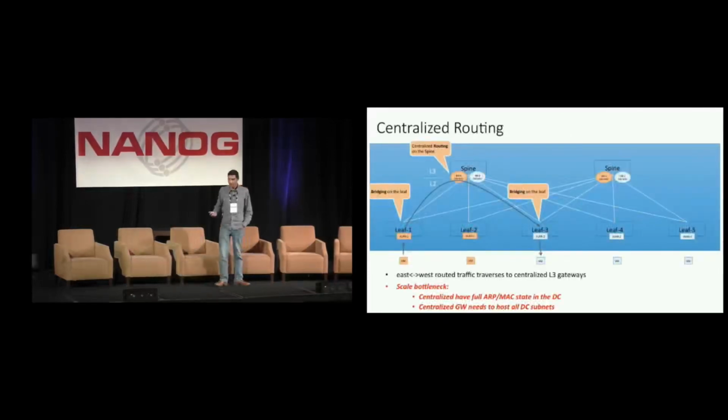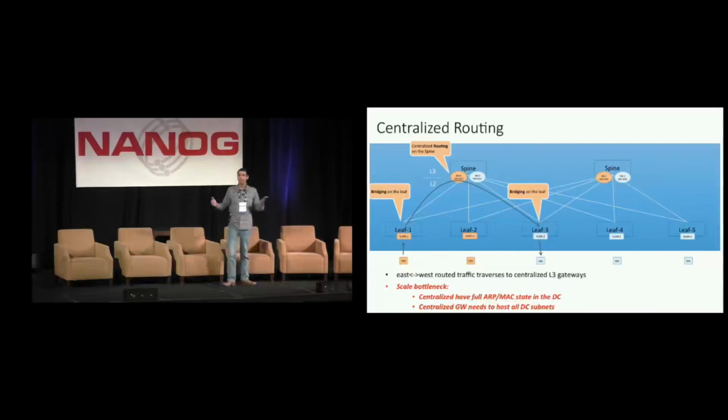So centralized routing is more of a traditional routing architecture, or rather mimics a traditional routing architecture in a switch data center, where your data center predominantly is a layer 2 fabric. Most of the devices are layer 2 devices, and all the leaves are pure layer 2 gateways.